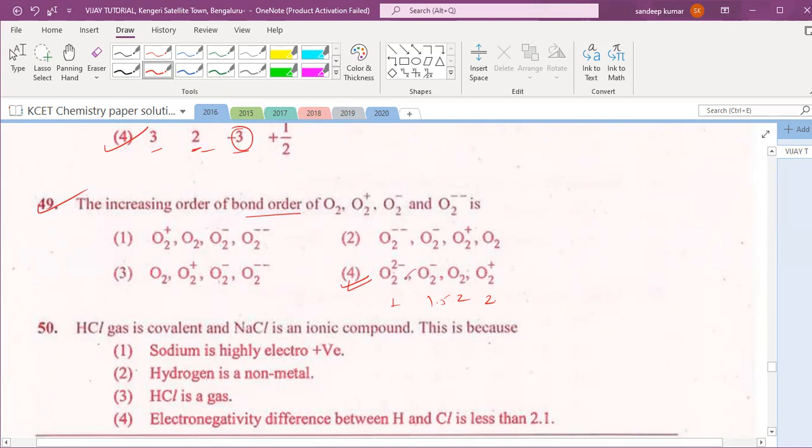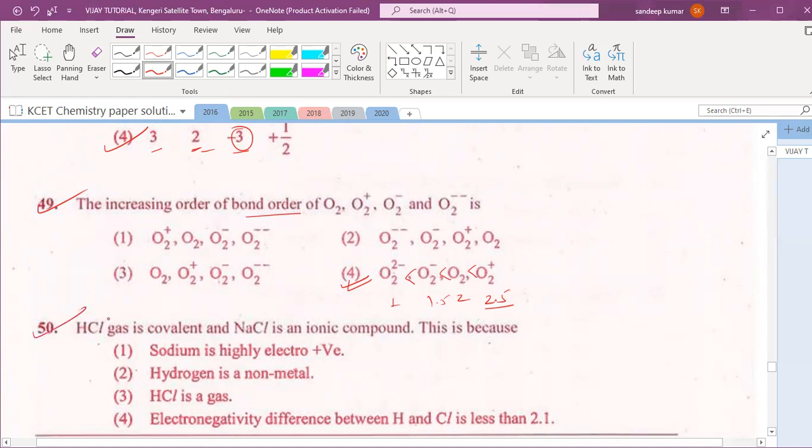They are asking the increasing order, so this is the order you have to remember: O2 2-, then O2-, then O2, and O2+. O2+ is 2.5, I think. Just check once, but this is the correct option. O2 2- is the least, then O2-, then O2, and O2+ is the maximum bond order, 2.5 or 3. Just check.